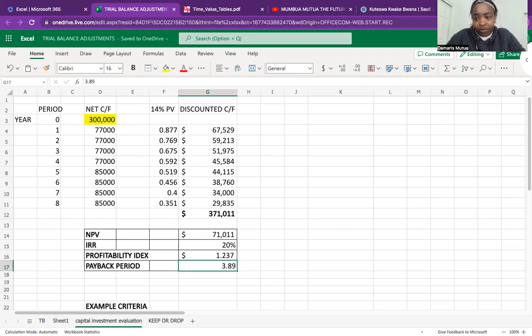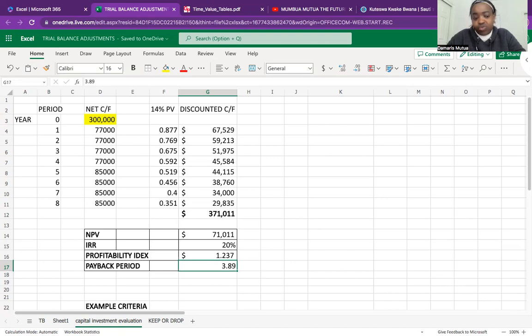Your payback period. The payback period ignores time value of money. We have two payback periods. There's also the discounted payback period, but in this case we are using the payback period that ignores time value of money.